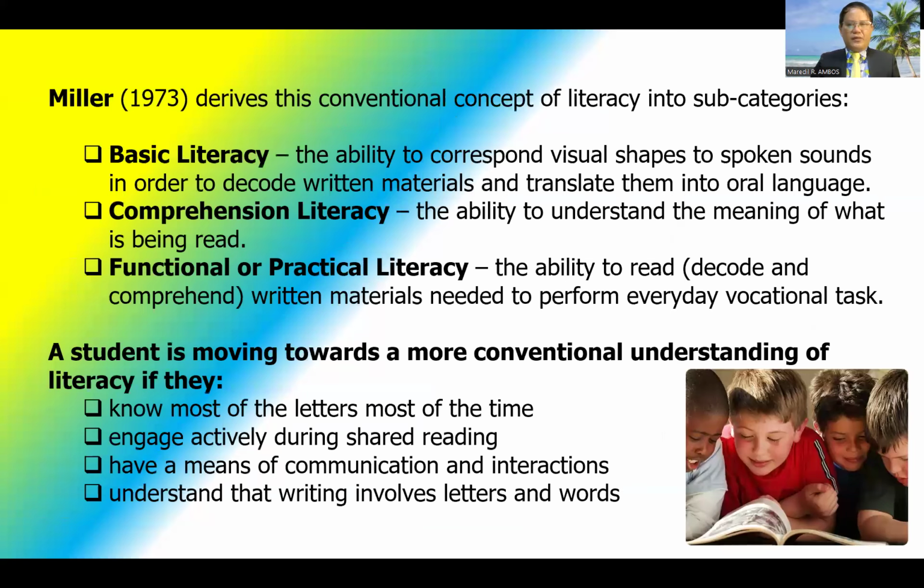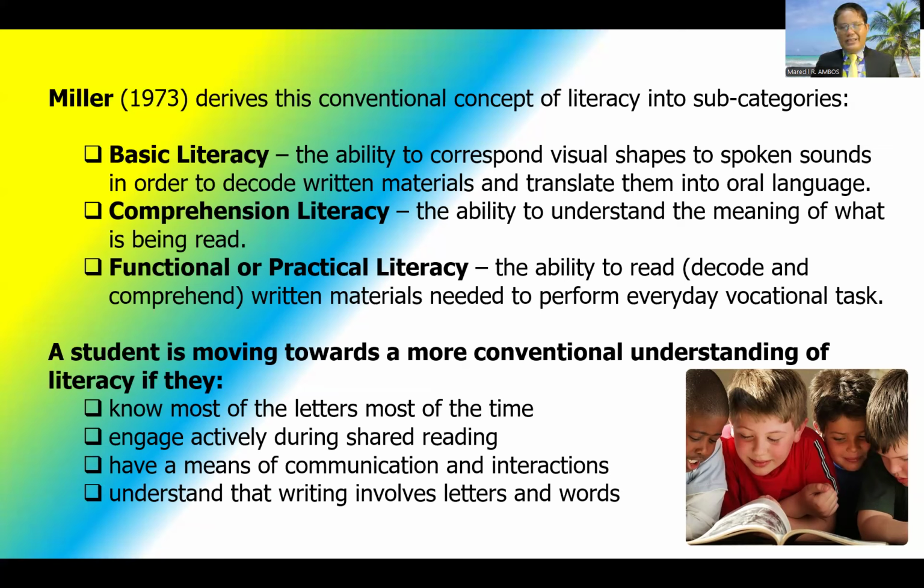Now let's have, according to Miller, the three subcategories of the conventional concept of literacy. So the first is the basic. From the word basic, literacy is being able to correspond the visual shapes to spoken sounds, in order to decode written materials and translate them into oral language.